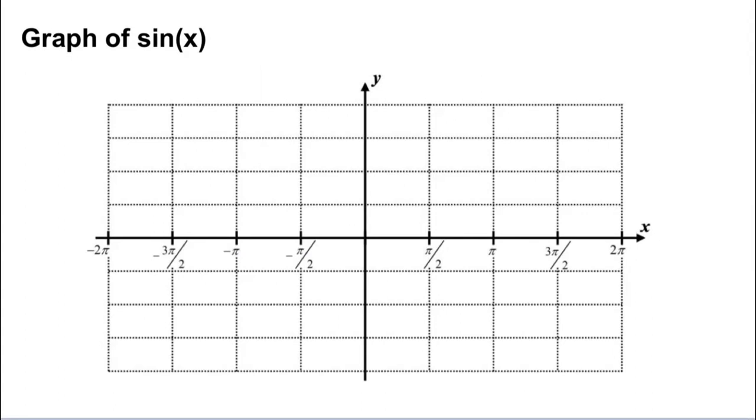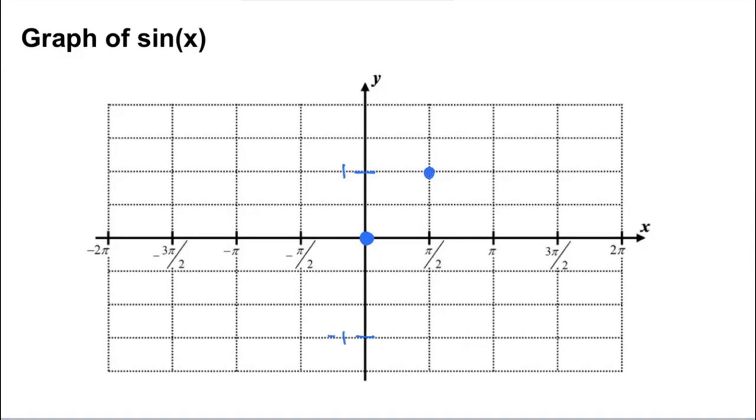So at 0, sine is 0. I'm going to do this in a different color so it really pops. When x is 0, when our angle is 0, sine is 0. At pi over 2, sine is 1. I guess I should label this right now. We're going to have this as 1 and this as -1.